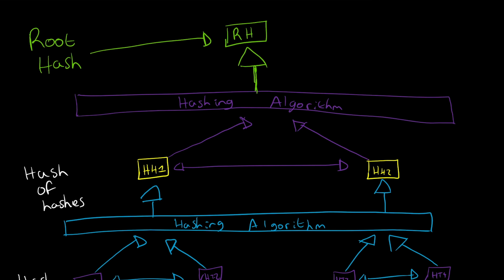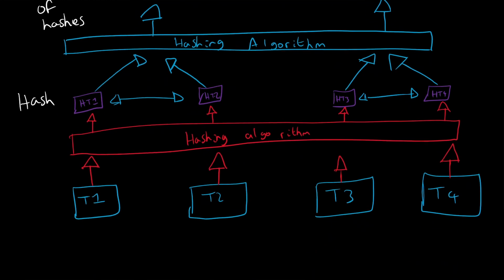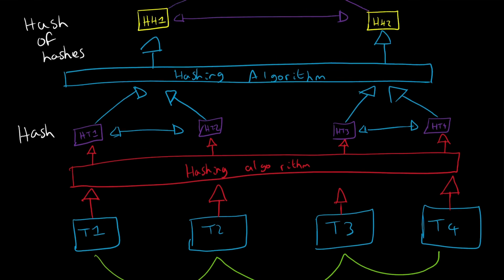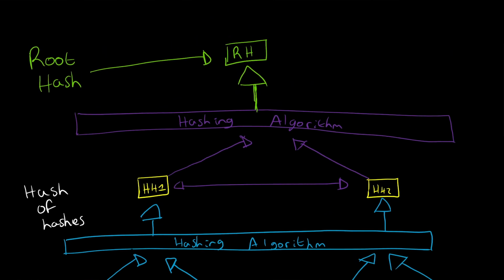This root hash is the eventual hash of going through the Merkle tree with all of the transactions. Whether you have 4 transactions, 1,000,000 transactions, 2,000, however many you have, doesn't matter. You ultimately get to a root hash, and that's the whole point of the Merkle tree: to gain a root hash.